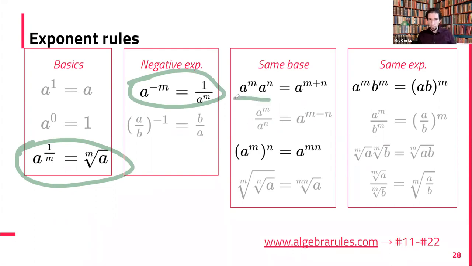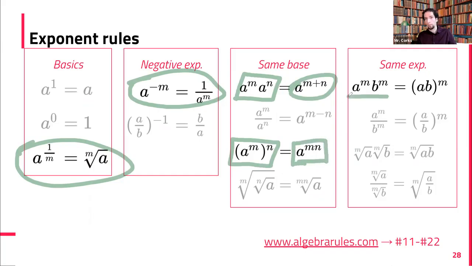If you have the same base being multiplied together, you can just add the exponents. And if you have an exponent to an exponent, which still means the same base, then you can multiply the exponents. And then the last one, if you have same exponents but different bases, you can factor out the exponent.